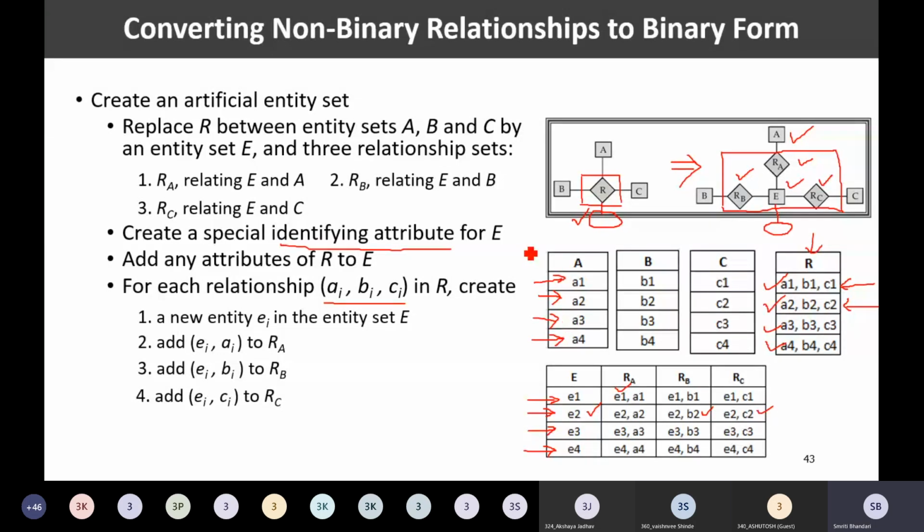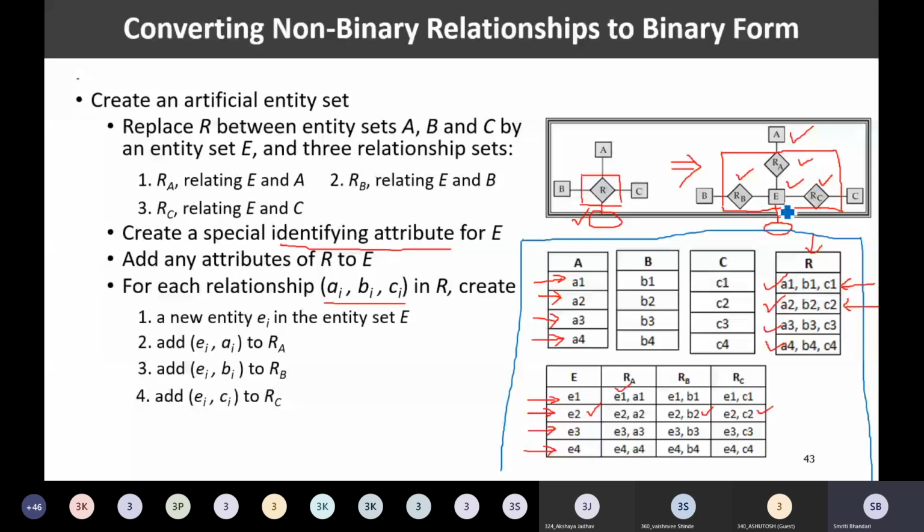Okay, good enough. But whatever I explained by making use of these tables is for the sake of understanding. If I ask you to list out the steps in conversion from ternary relationship into the binary form, then you are supposed to list out these steps. The first step is creating the artificial entity set E, correct?